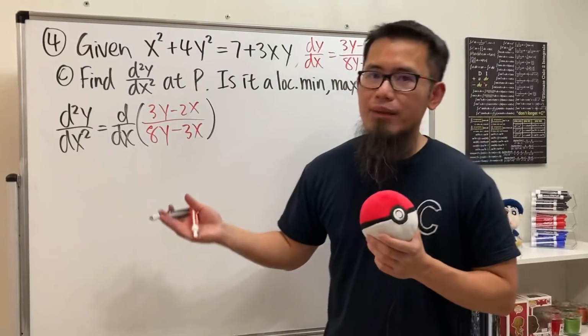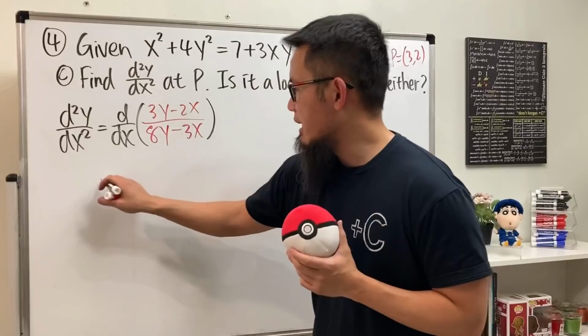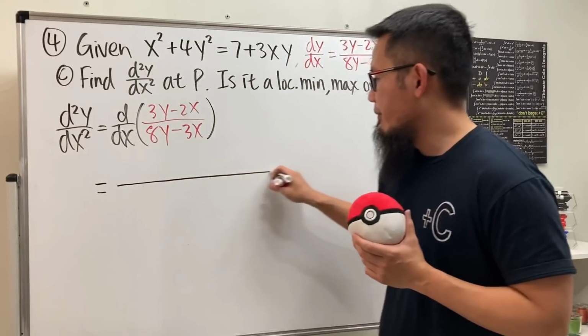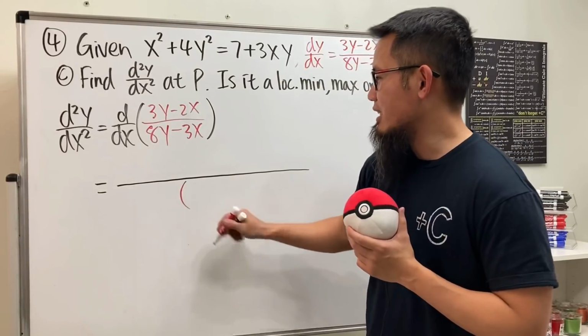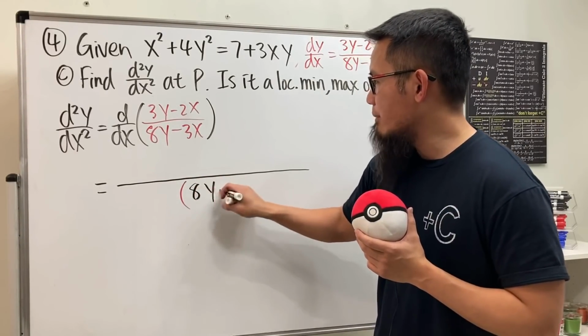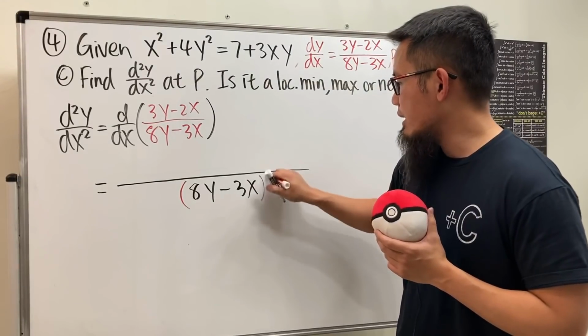For this, we will have to use the quotient rule. So let's go ahead and get the fraction ready. And we have to square the bottom. So we have 8y minus 3x, and again, square that.